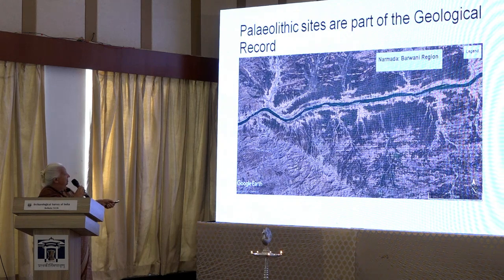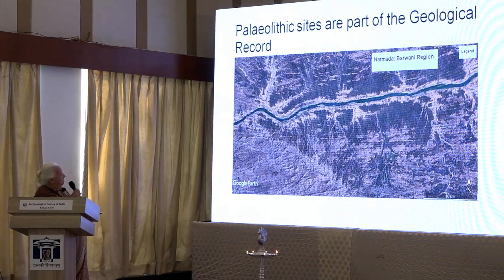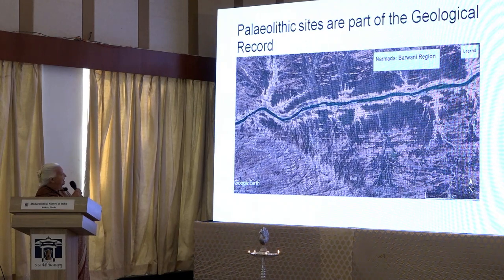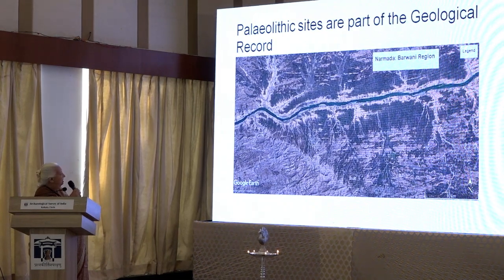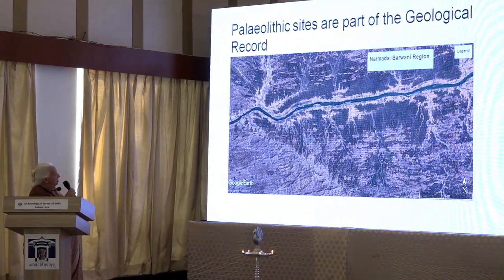These are the sediments from which you're getting artifacts. This is the Nahili Nadi. It comes this way and makes a sharp turn. So this zone is the old Narmada channel. And it was along here that a number of Chalcolithic sites were excavated by S.B. Ota.